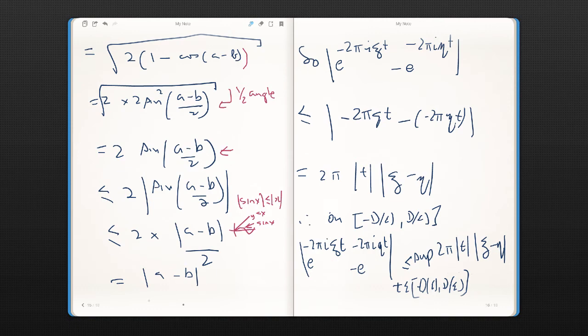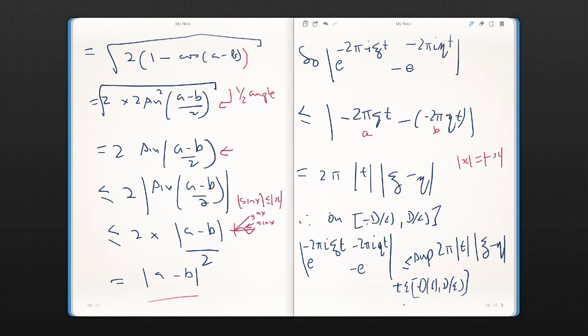So we get this. We just plug in our values of A and B. We get this here. This is A, this is B. Remember that mod x equals minus x. So it doesn't matter that that's a positive eta and that's a negative xi.